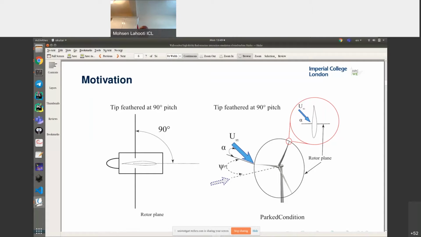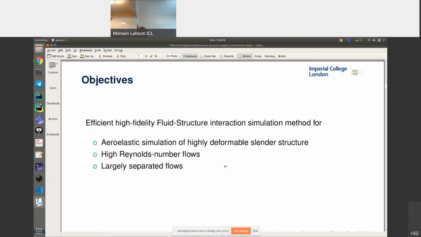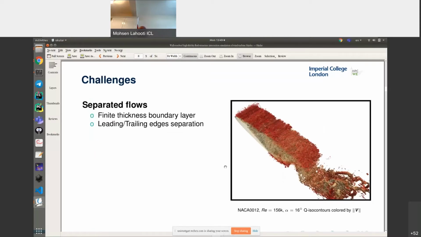The objective of my work is to develop a high-fidelity fluid structure interaction simulation method, implemented in a framework for aeroelastic simulation of highly deformable slender structures such as the blade, in high Reynolds number flows and largely separated flow.